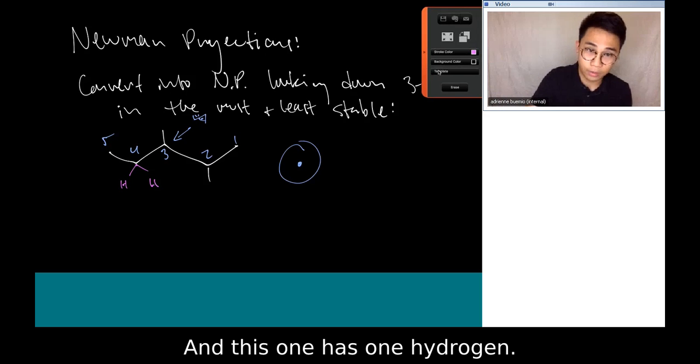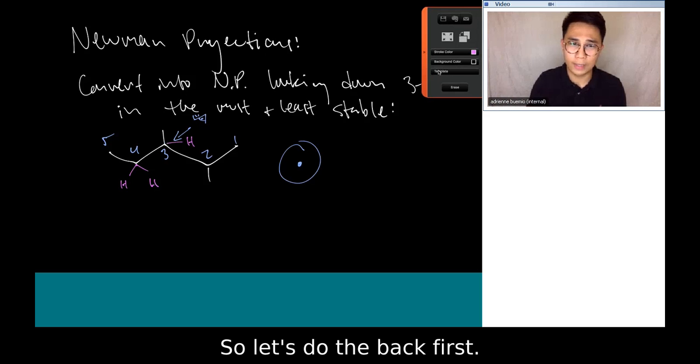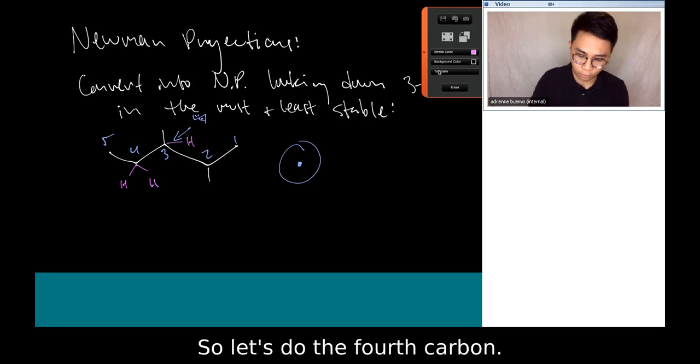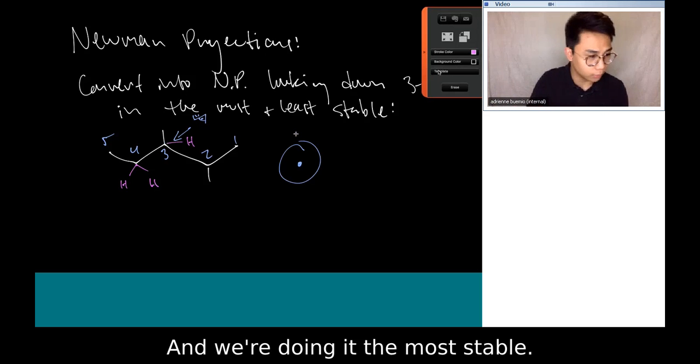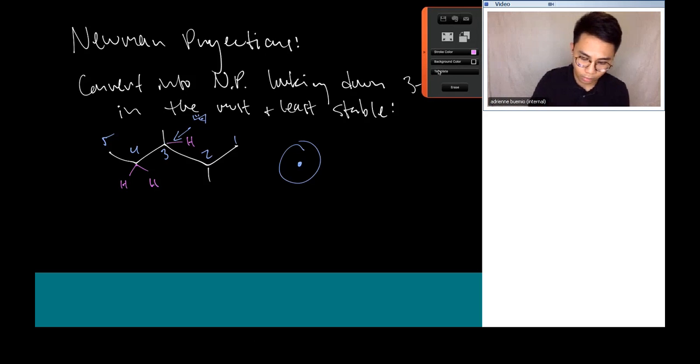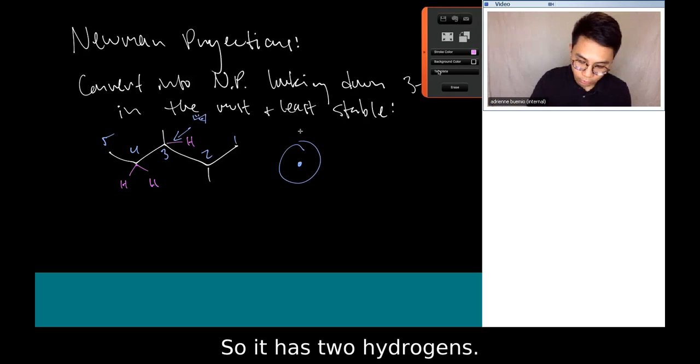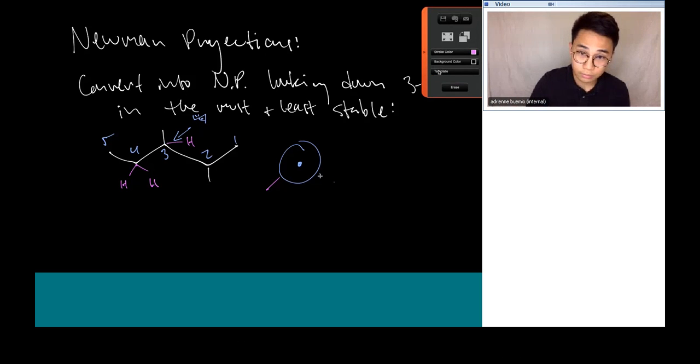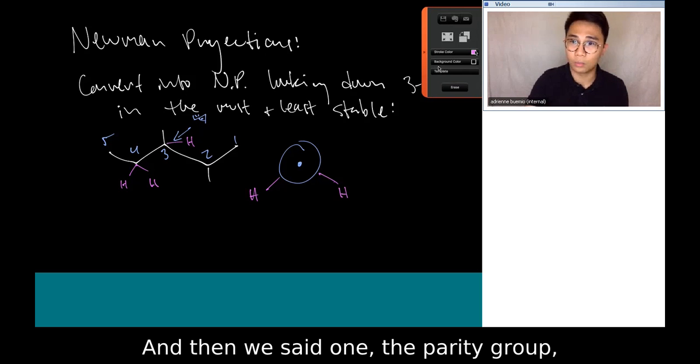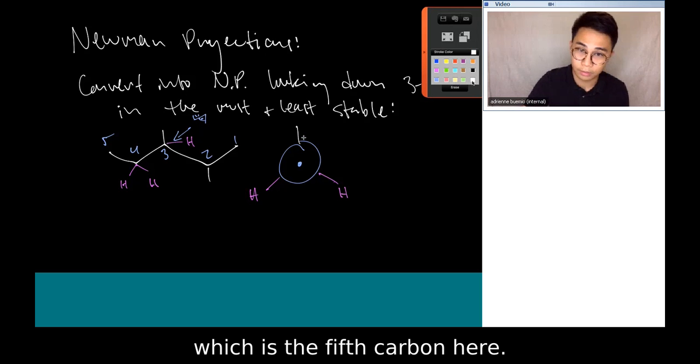And this one has 1 hydrogen. So let's do the back first. Let's do the 4th carbon, and let's do the most stable. It has 2 hydrogens, right? And then we said the priority group, which is the 5th carbon here.